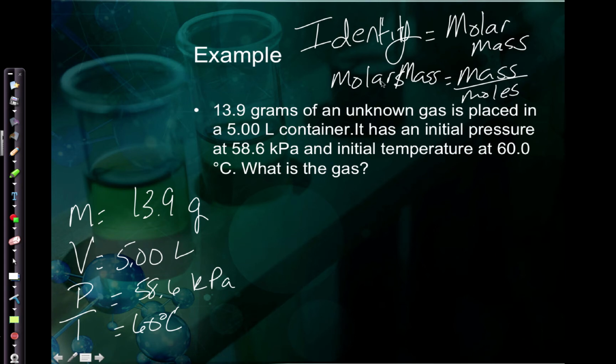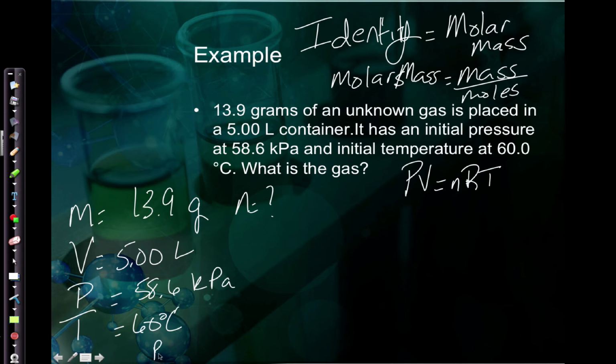So that's the information given to us. If I want molar mass, which ultimately gives me the identity, I need moles. So I need to know what n is. I have P, V, and T, so I can use the ideal gas law to figure that out. Let's check our units.